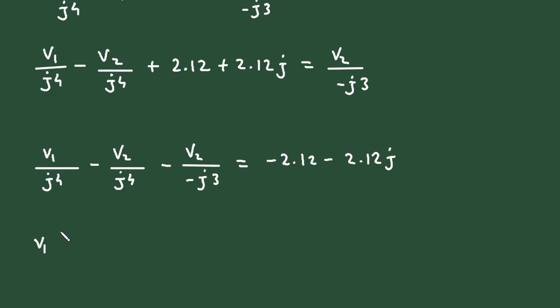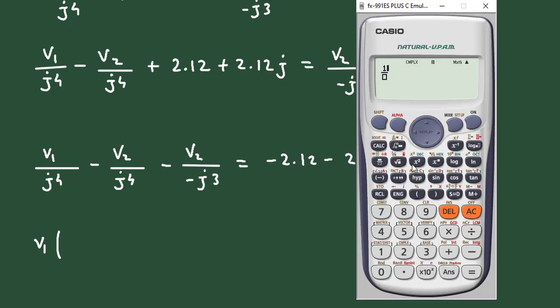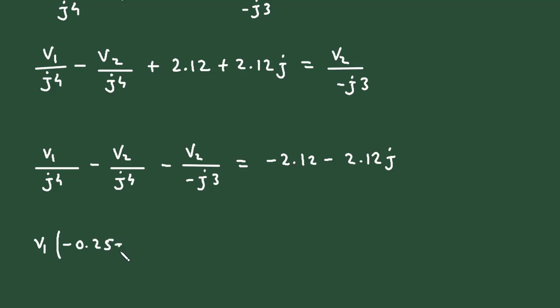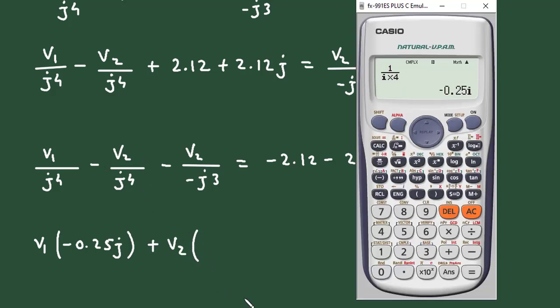So V1 in bracket, this 1 upon J into 4, so it is minus 0.25 J. This is for V1. Then again here we can take this V2 common. So V2 in bracket minus 1 upon J into 4, minus 1 upon J into minus J into 3.